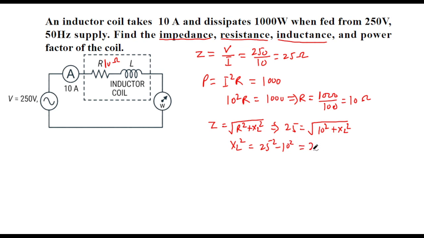If you square 25, the value is 625. So 625 minus 100 is equal to 525. So XL squared is 525, and the value of XL is the square root of 525, which comes to 22.91 ohm.